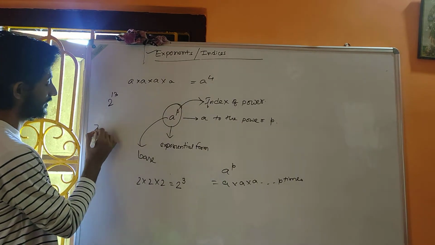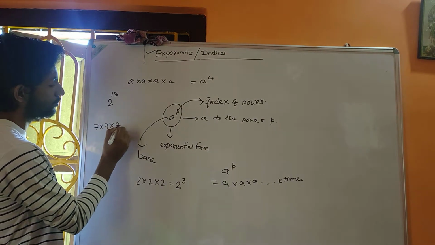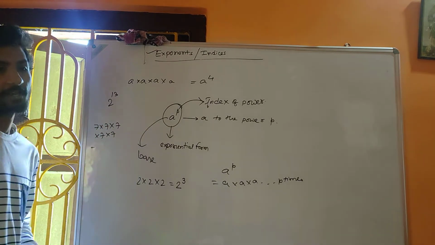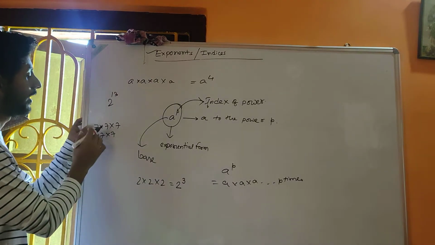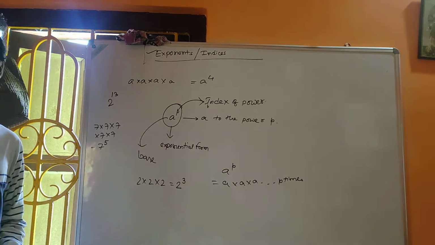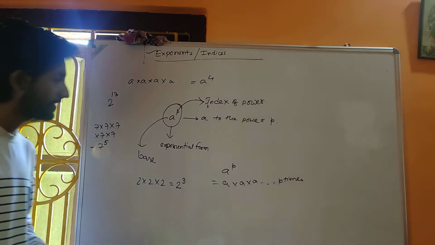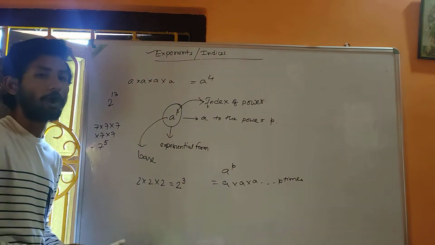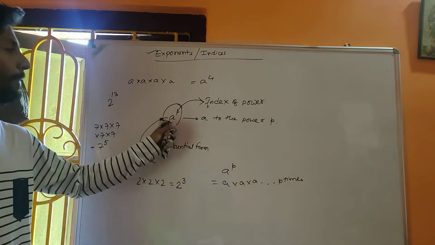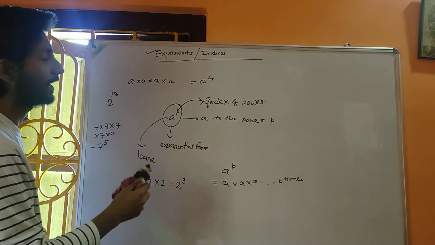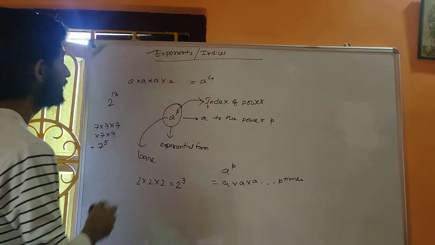Suppose there is 7 into 7 into 7 into 7 into 7. How many 7s are here? Total 5 sevens, so we can write it as 7 to the power 5. I think it is clear for you. So exponential form has a base and a power, the index or power, and we can call it a to the power p.